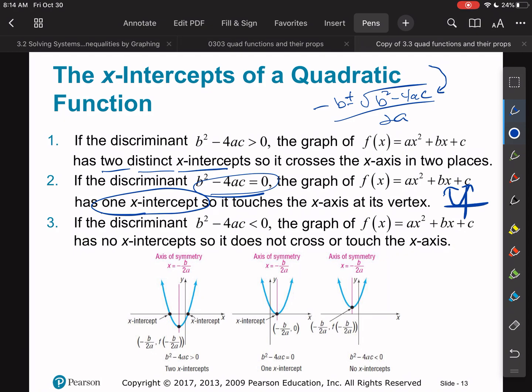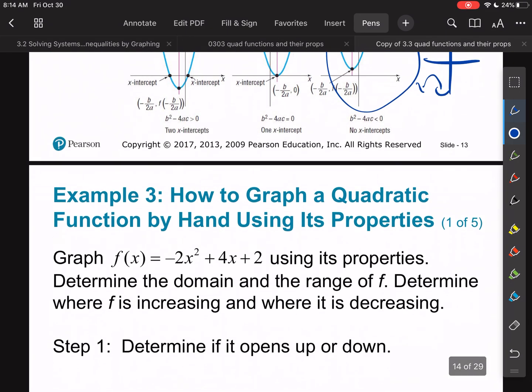That would be like this example here, where the graph sits above or below and will never cross the x-axis. So that's the discriminant. You'll see why it's not that crucial, because you'll be able to tell that when you do the full process out.